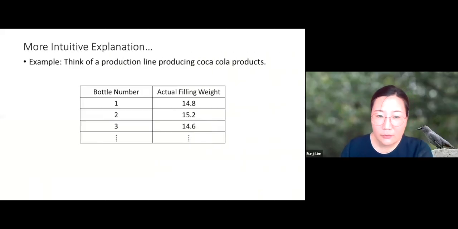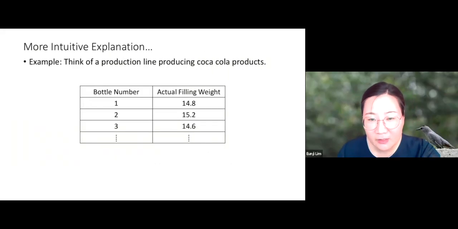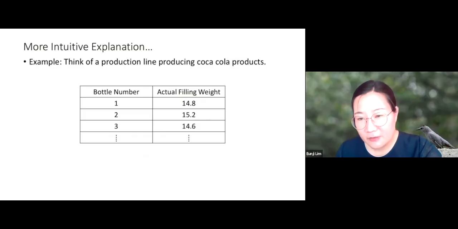Now, I want to give you a more intuitive explanation on why we are making type 1 error. Let's think of a production line that produces Coca-Cola products. We have empty bottles and they are lined up in front of a machine, and the machine fills up the bottles with soda. Let's say the target filling weight is 15 ounces.